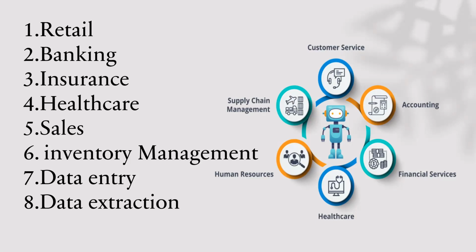In the customer service, we can use RPA for data extraction and other data processing. When coming to accounting, we can use RPA for processing invoices. When coming to healthcare, we can use RPA for extracting data related to patients, their diseases, and their prescription, their age, and few other medical parameters.